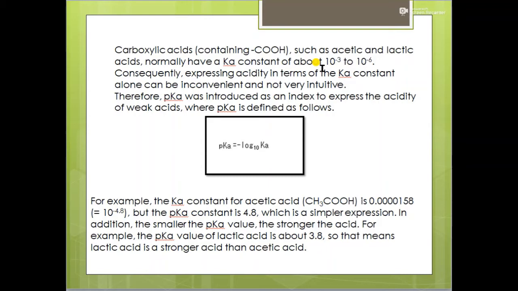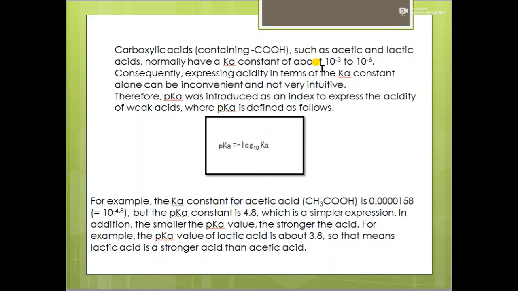Therefore we started using pKa as an index to express the acidity of weak acids. pKa is the negative logarithm to base 10 of Ka. The Ka of acetic acid is 0.000158, or 10 raised to minus 4.8, but the pKa is 4.8.